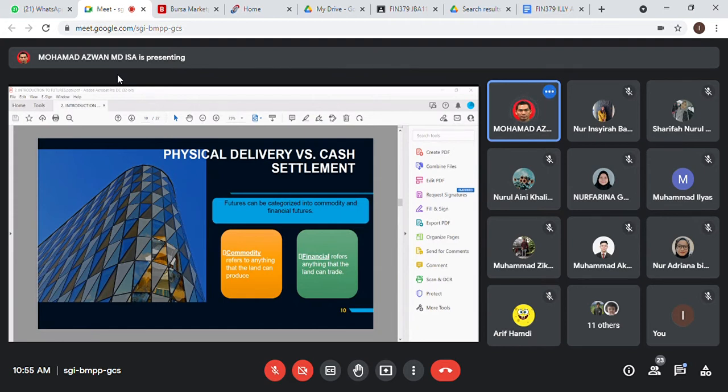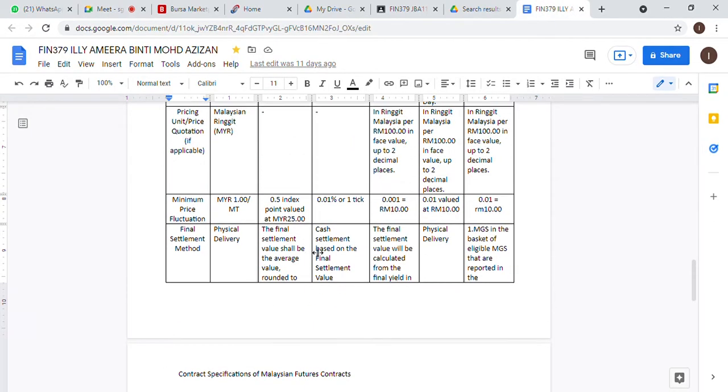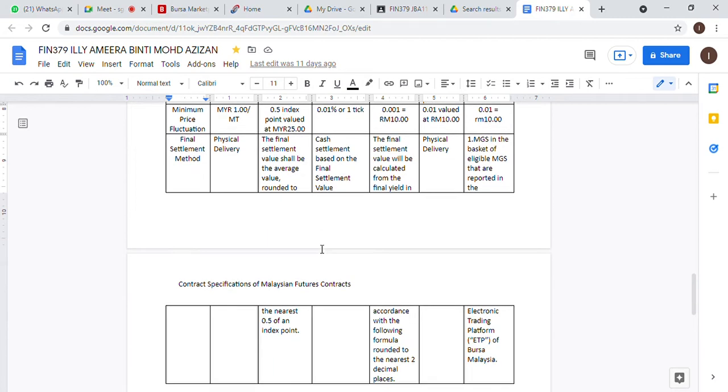Nurul Amira, what about FKLI? How the contract is settled at the maturity date? Nurul Amira. Cash settlement. Settlement, because the financial derivative.